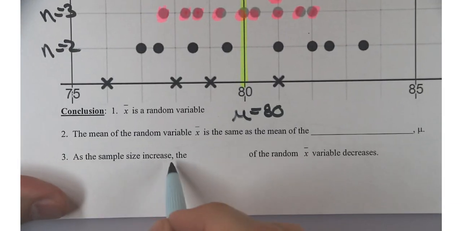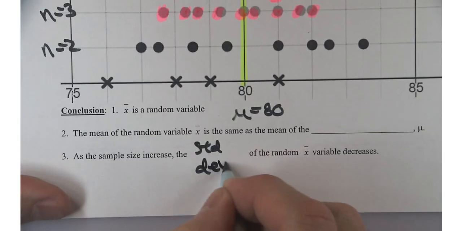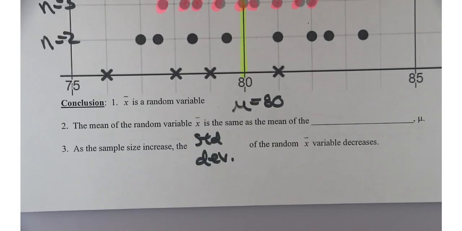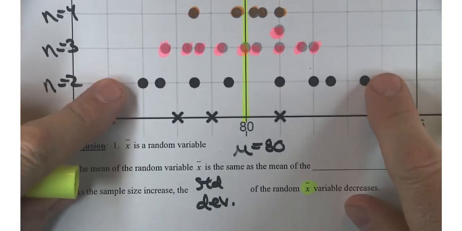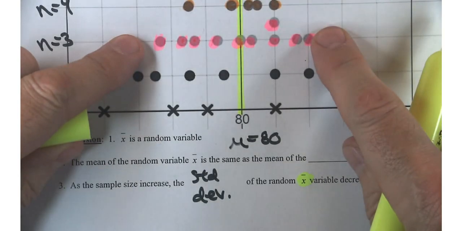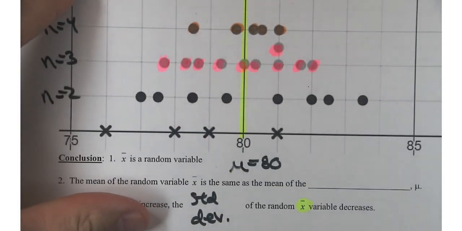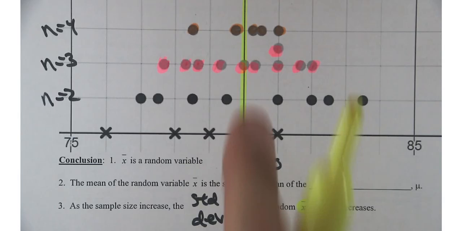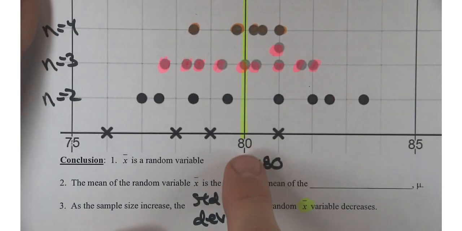As the sample size increases, the standard deviation of this random variable, x bar, decreases. You can see it visually. Take a look at the spread of the data here, the spread of the data here, and the spread of the data here. As your sample size increases, you're going to get a better and better estimate of what that true population mean is. And that's good because you're sampling because you want to know this.